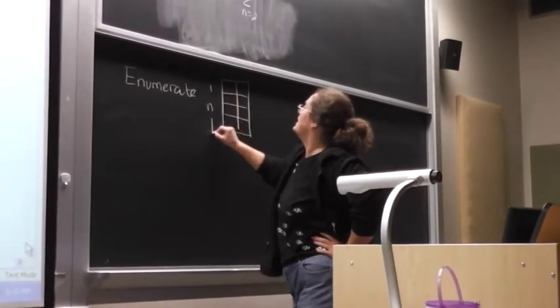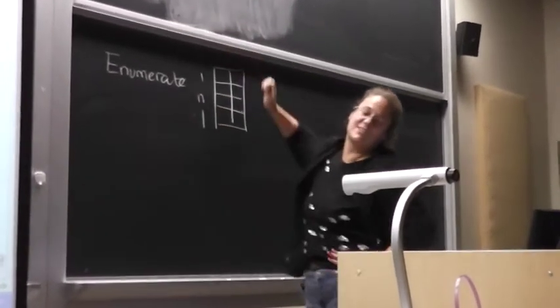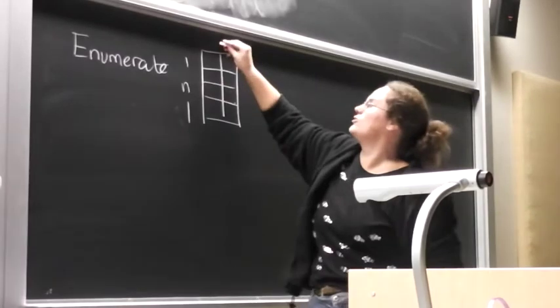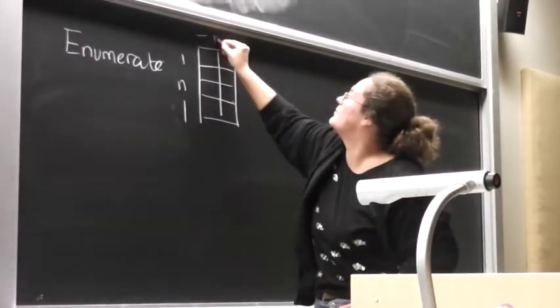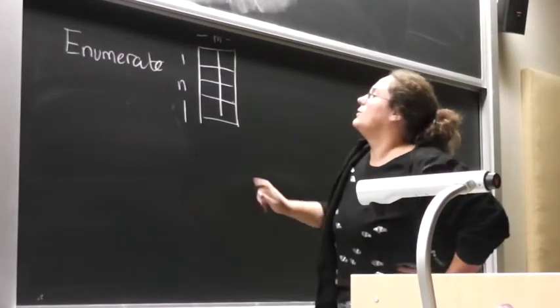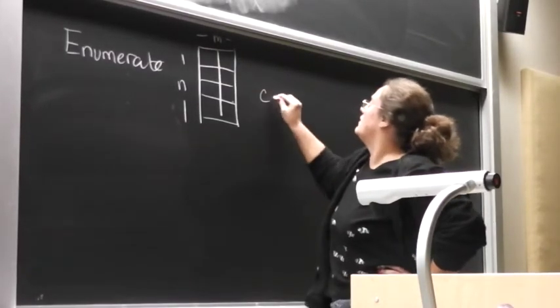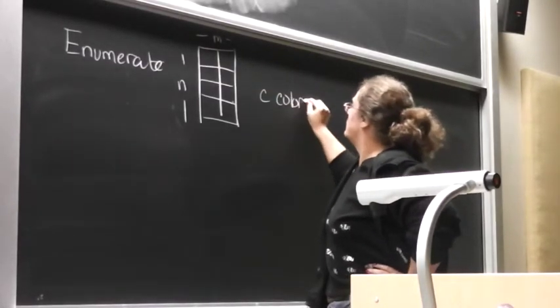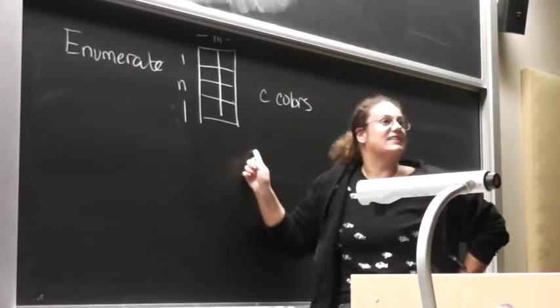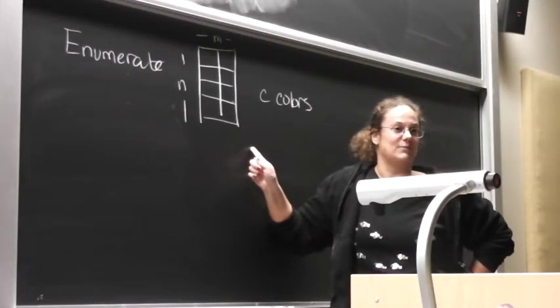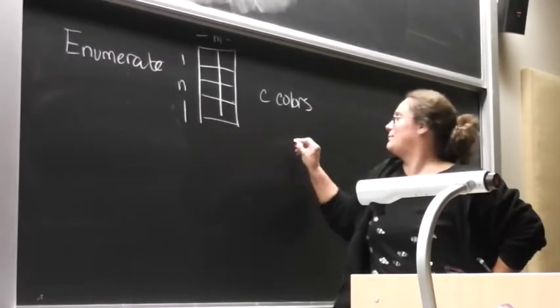I'm going to let this be n. If you're really subtle, you'll notice at some point in my program I interchanged the roles of m and n. It doesn't in the long run matter. Okay, we want to enumerate these, and we have C colors. So you can kind of guess, if you had C colors, how many ways you could make this. What would they be? C to the power mn. Yeah, C to the power mn.